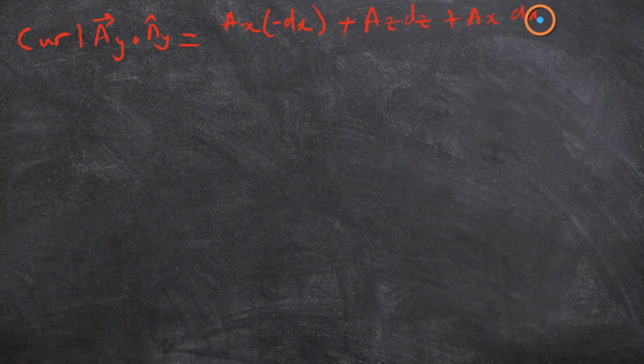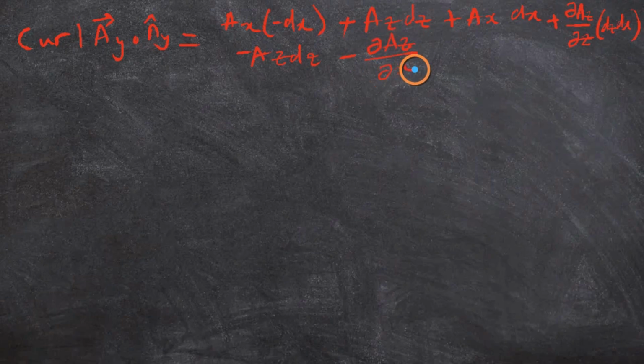Then let's add to that the partial derivative of Ax with respect to z, all that multiplied by dz dx. So the same thing we did on the previous page, we are doing it here, where we are adding those particular curves that we found, or those dl's that we also found. Then from this we subtract Az dz, and then we've got another one, negative partial derivative of Az with respect to x, and we multiply all that by dx dz.